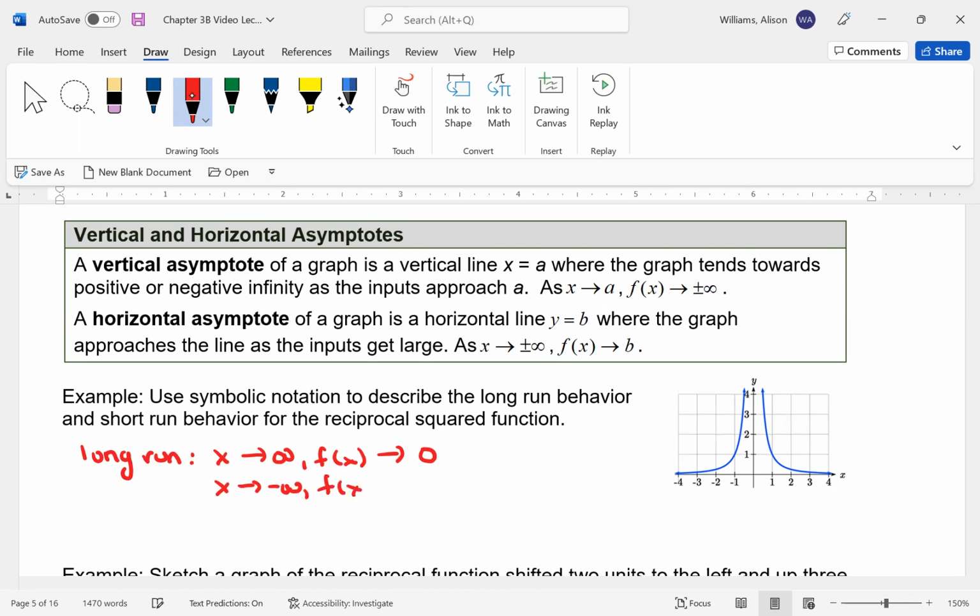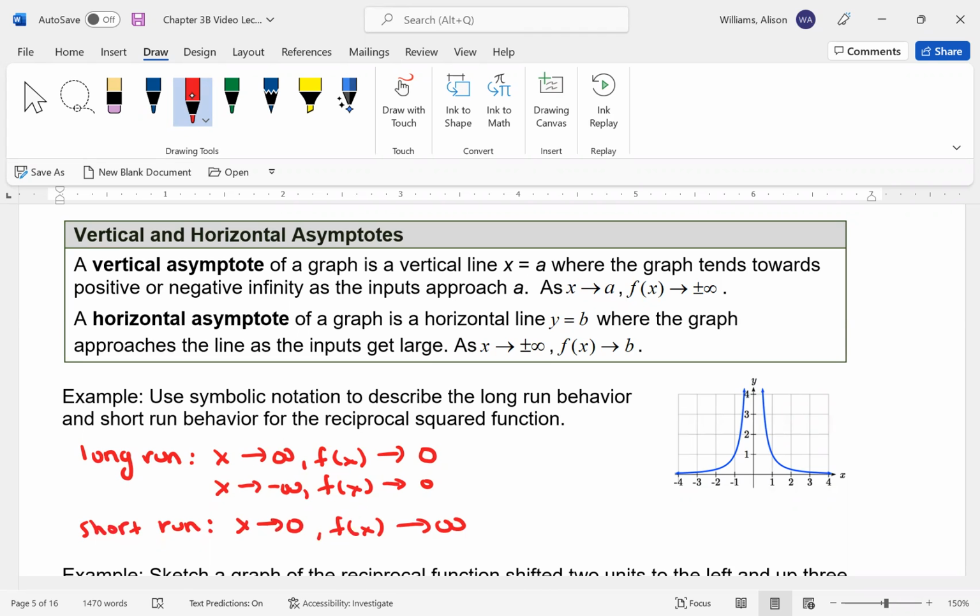The exact same thing: f of x is going to 0. The short run behavior is occurring at 0. So as x is going towards 0, we're seeing that f of x is going to positive infinity on both sides. They're both going up to positive infinity. If one side went to negative infinity, we'd put the plus or minus. But because they're both going to positive infinity, we can just leave it as positive infinity there.